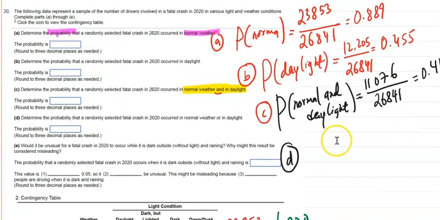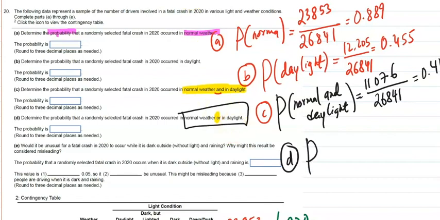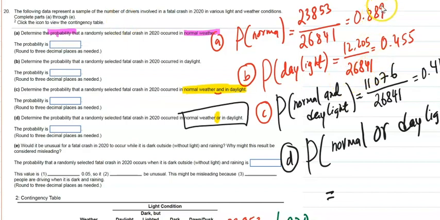Sorry, part D. Determine the probability that a randomly selected fatal crash occurs in normal weather or in daylight. Look at the difference between C and D. Here "and," here "or." So again, we use the same formula as in the previous question: normal or daylight. By the rule, you add the normal probability and the daylight probability and subtract the normal and daylight probability.